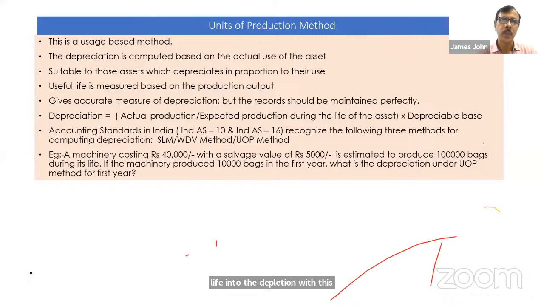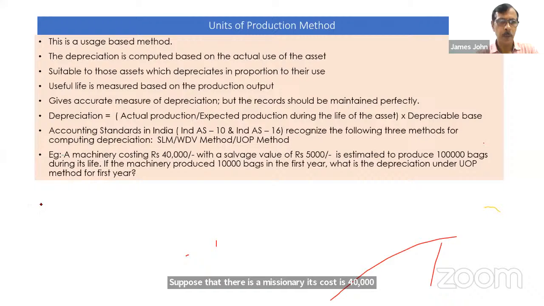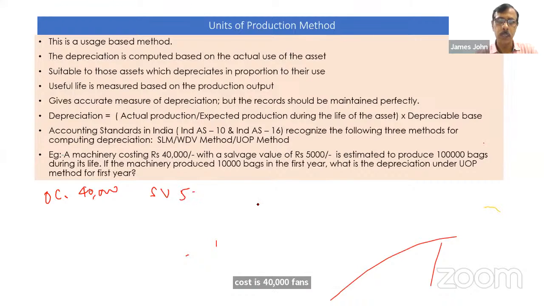So here is an example. Suppose there is a machinery, its original cost is 40,000 and salvage value is 5,000. So the depreciable base is 35,000.